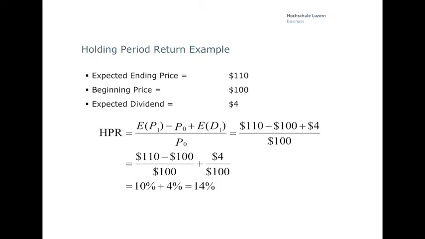Or differently, we can ask, what is the capital gain? So the increase in price, 110 minus 100 divided by 100, plus the income stream, the dividend, divided by 100. So you see we have capital gains of 10% and a dividend yield of 4%, resulting in a total of 14%.